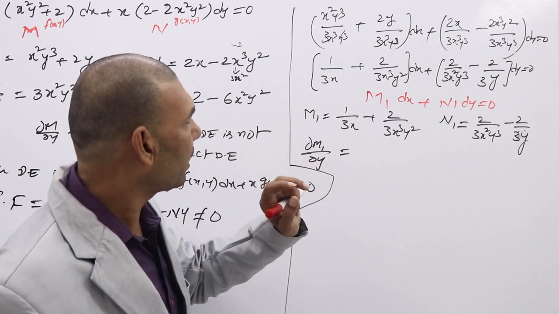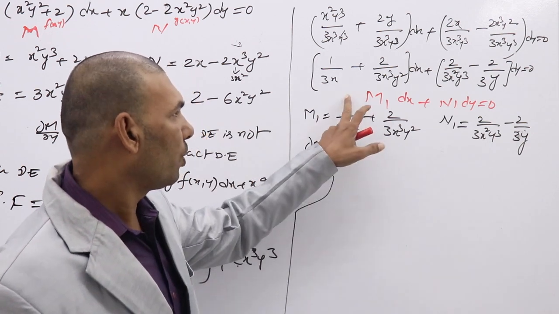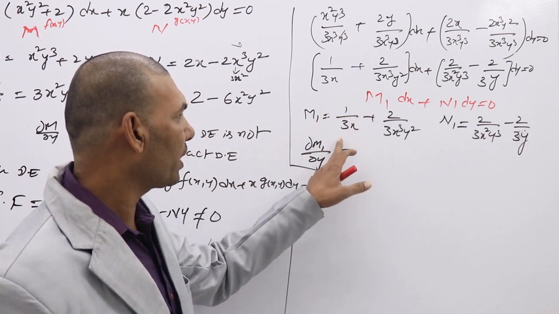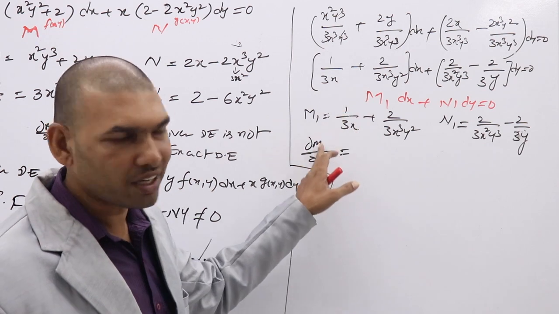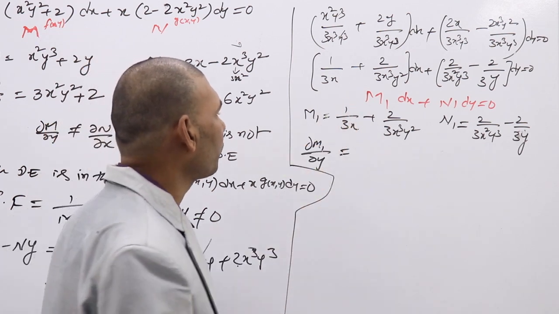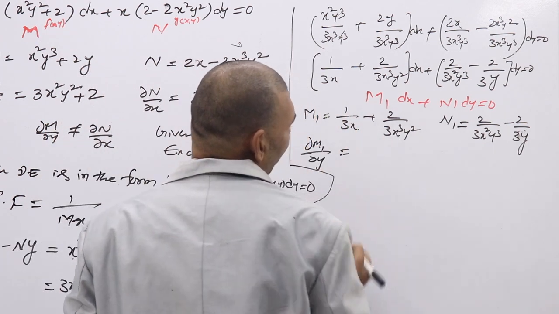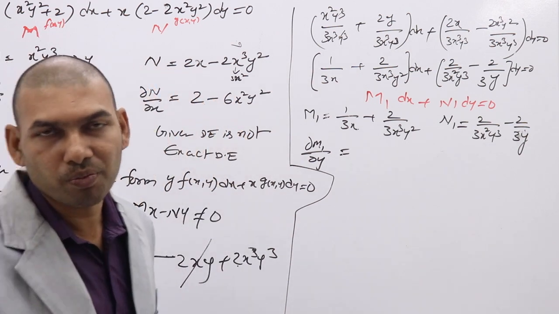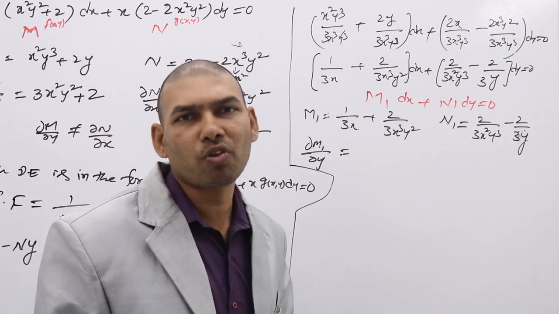Del M1 by del y. If you have y, differentiate. If you don't have y, keep that one as constant. Differentiation of a constant is 0, so this term becomes 0. Now coming to here, differentiation of 1 by x cube, minus 3 by x power 4.